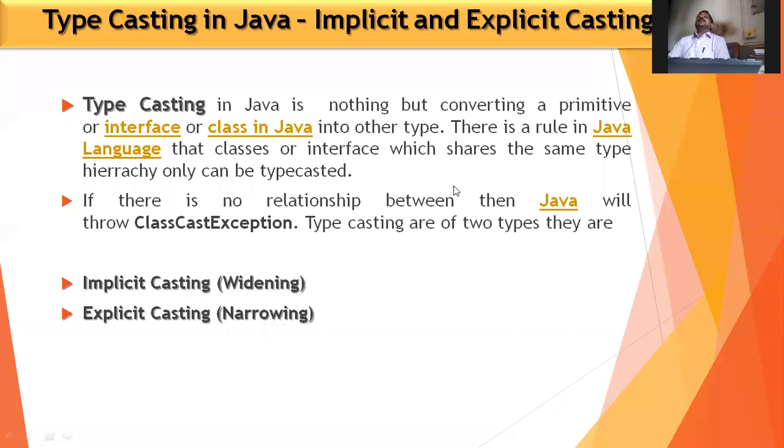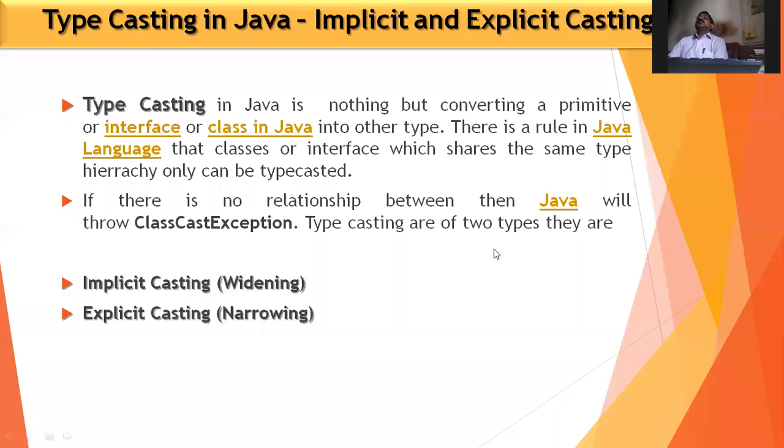So we can convert primitive data types, interfaces and classes, and all this typecasting can be done with the same sort of type. If there is no relationship between them, Java will throw a ClassCastException, so an exception will be thrown by the program.